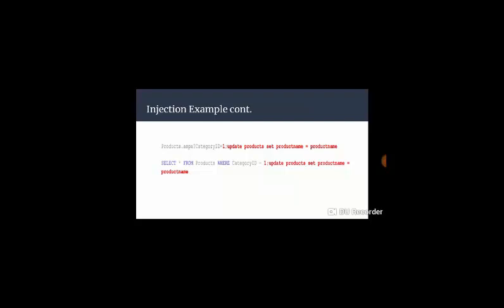This will update the product name, which will be considered as one of the STRIDE threat modeling categories, which is tampering. You can see the first line is what is written in the URL, and the second one is what is going to be performed in the database.